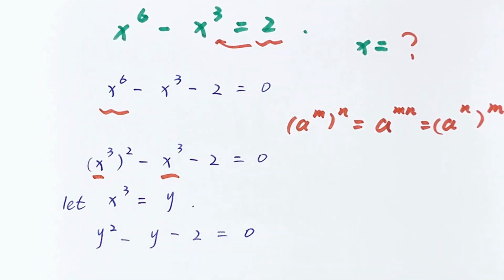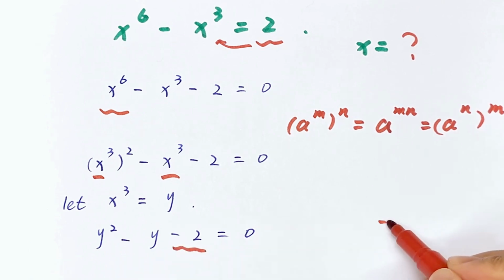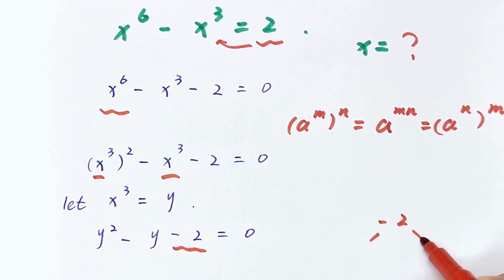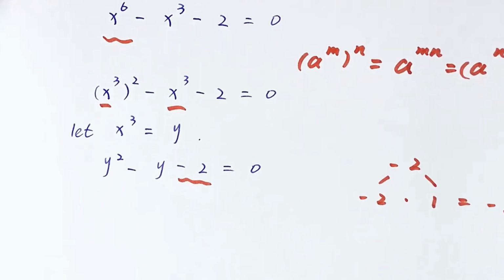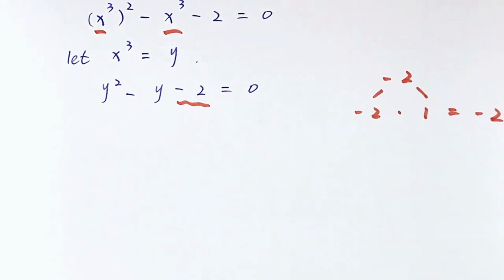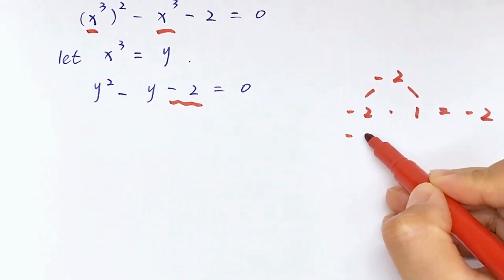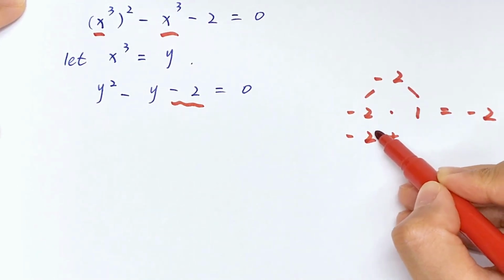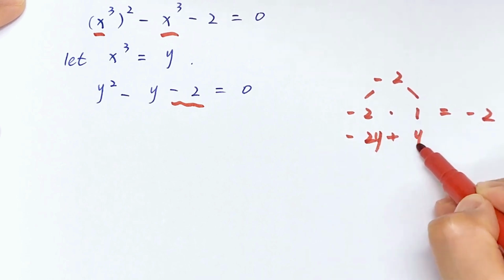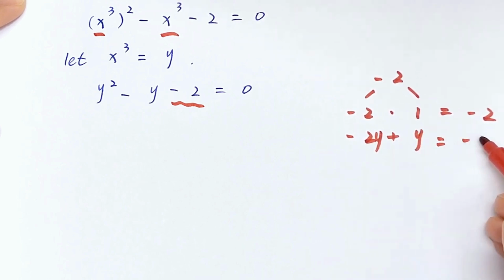Now to factorize this quadratic equation, negative 2 is the same as negative 2 times 1 is equal to negative 2. And negative 2y plus y is equal to negative y.